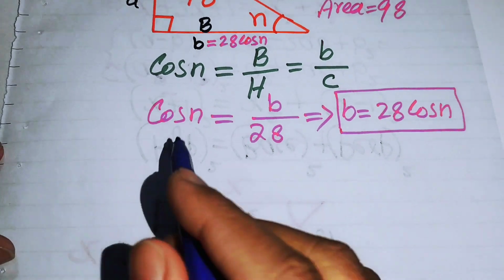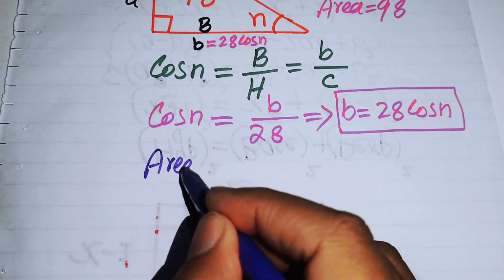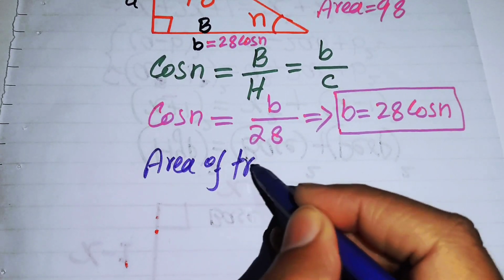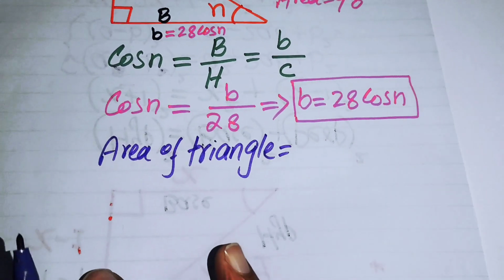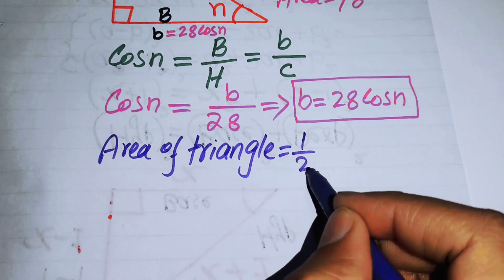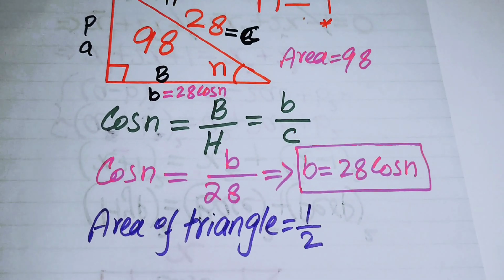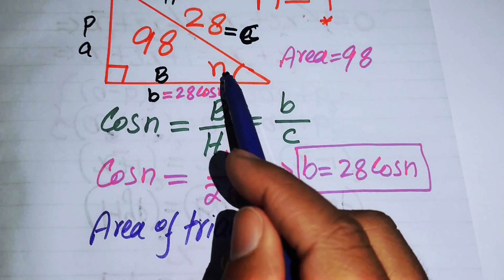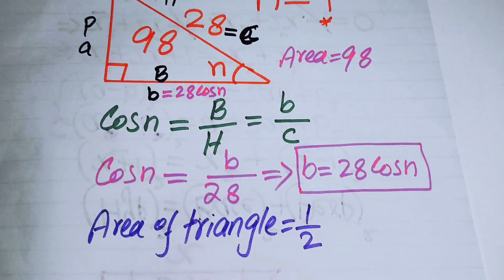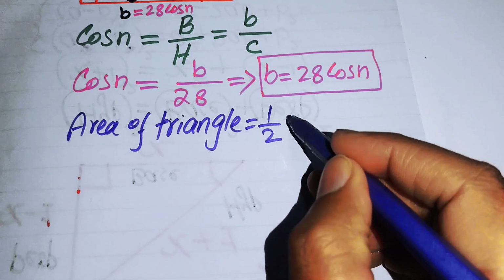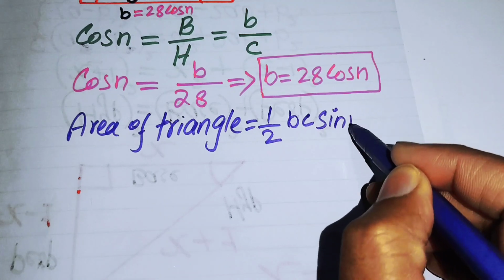You know that the area of the triangle equals 1 over 2 times the product of two sides times the sine of the angle between them. Here the angle n is made by the sides b and c, so we write 1 over 2 times bc times sine of the angle n.